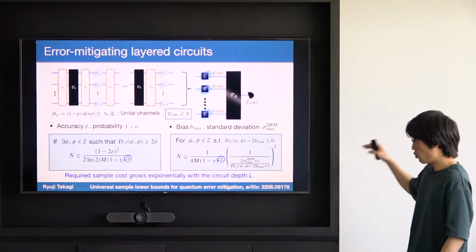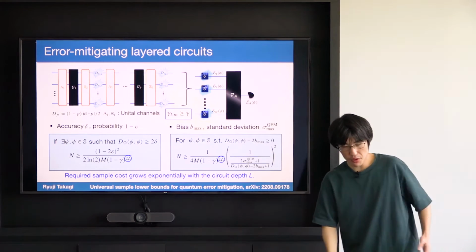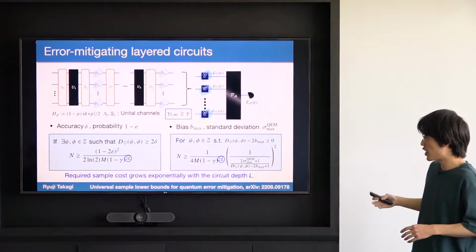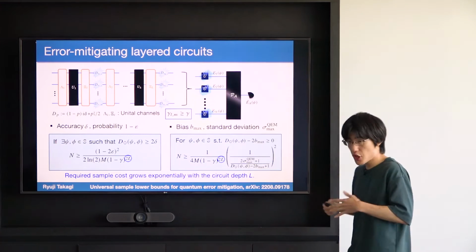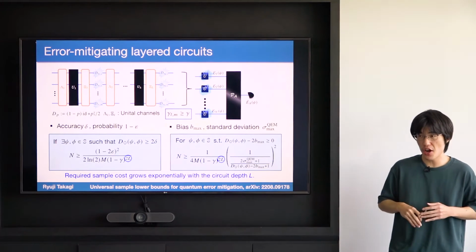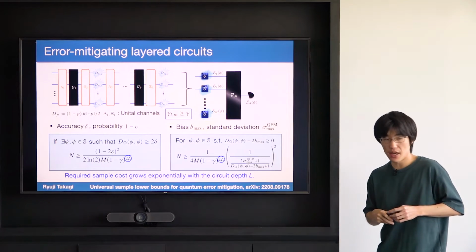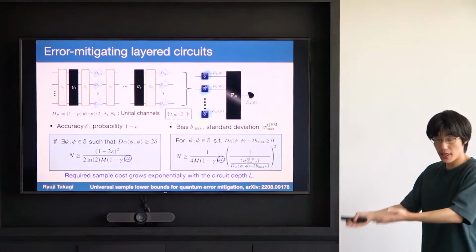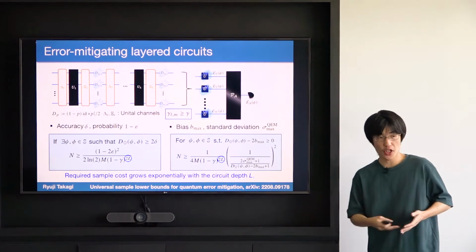Which means that you need to use an exponentially large number of samples to do the error mitigation in general. So this intuition was kind of shared in the community for a while, but then this was seen for a number of specific error mitigation protocols.